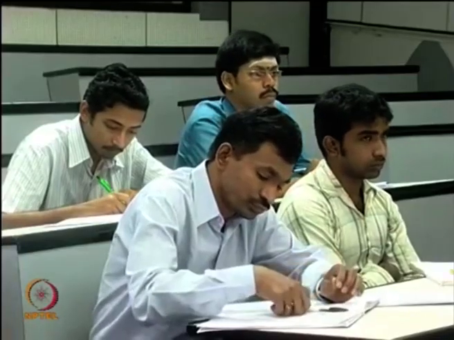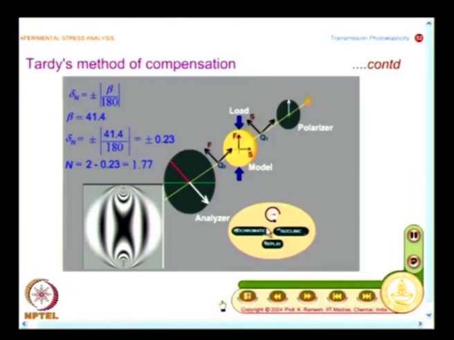Because the fringe order at the point of interest is only one unique value, whether I rotate the analyzer clockwise or anti-clockwise, it should reflect the same value, but because of experimental uncertainties, you may find 1 degree error this way, that way. So, you take both the measurements and take an average. So, you also have the advantage of applying statistical principle in data processing. Okay. So, let us look at now that I will rotate it by anti-clockwise.